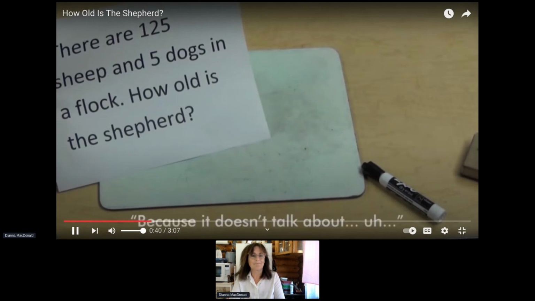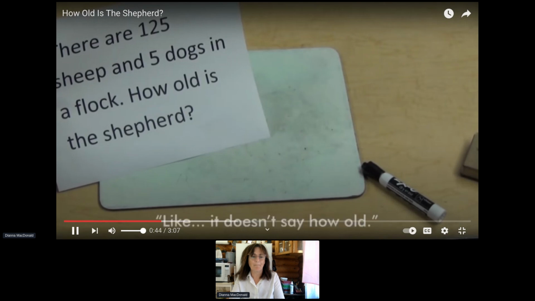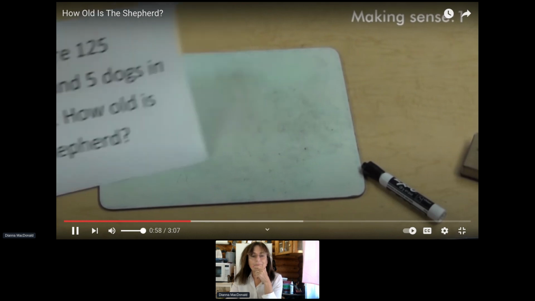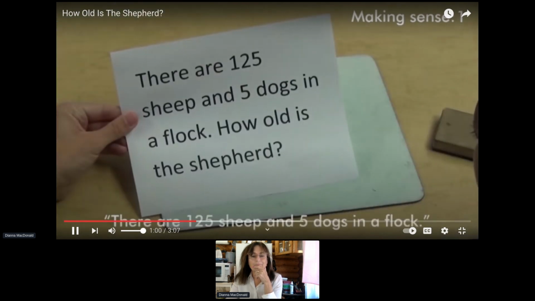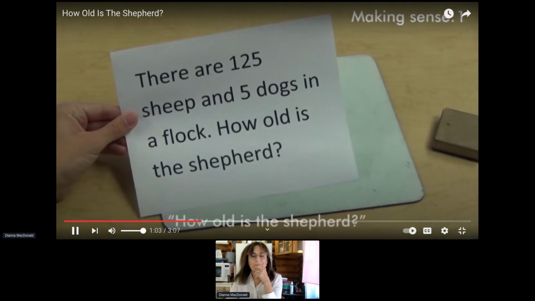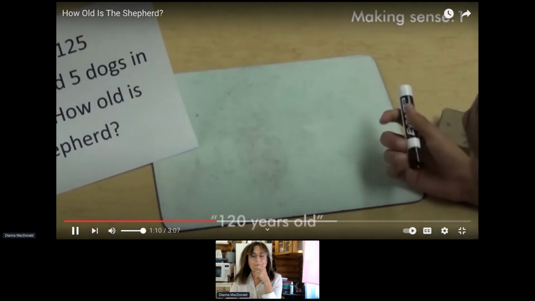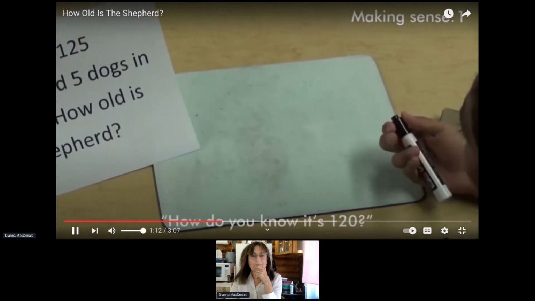Because it doesn't talk about anything about the shepherd, like how long he's had them or anything. So it doesn't give me any hints about anything. There are 125 sheep and 5 dogs in a flock. How old is the shepherd? 120 years old. How do you know it's 120?